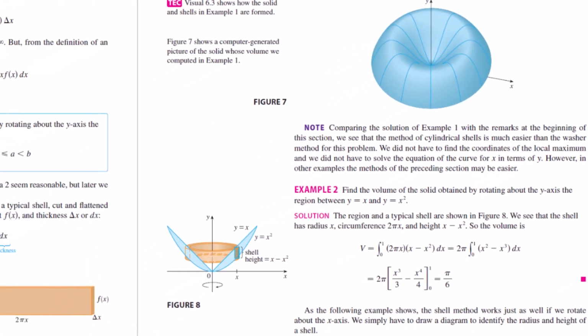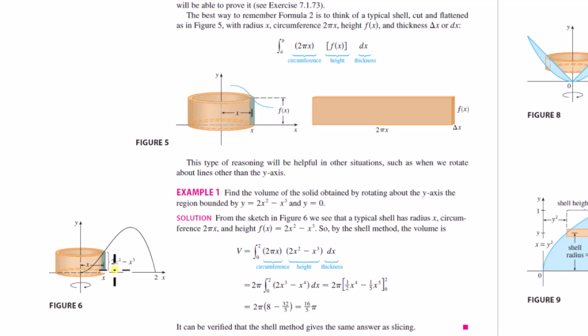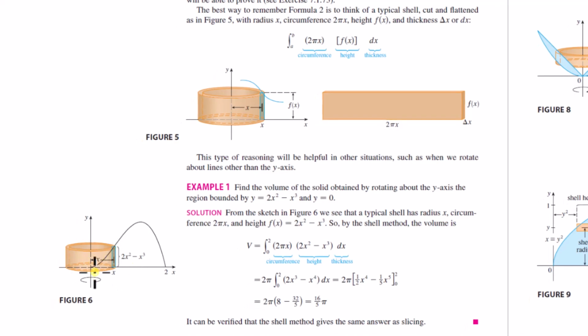So yeah, if we come back here, it was easier to use shells here because we didn't have to solve for x as a function of y, but then also, and this wouldn't have been that big of a deal, if we were using the washer method, we'd have to find what is this local max here to get our upper limit of integration, right? We'd be integrating along the y-axis from 0 to whatever this is.